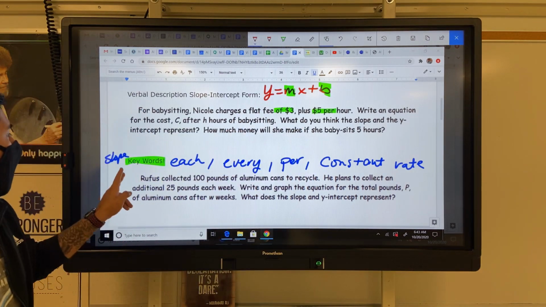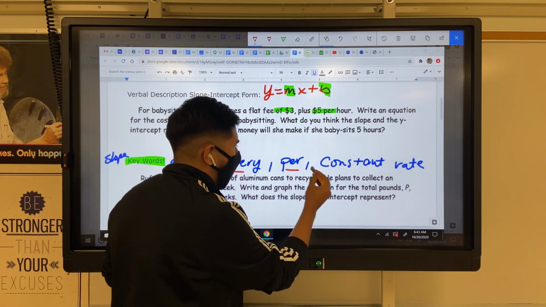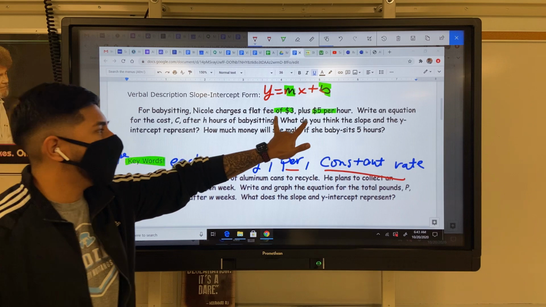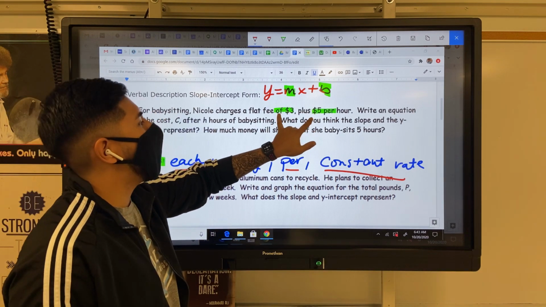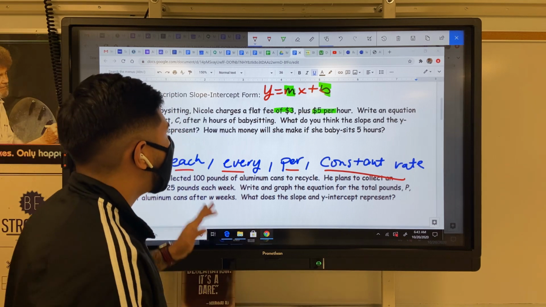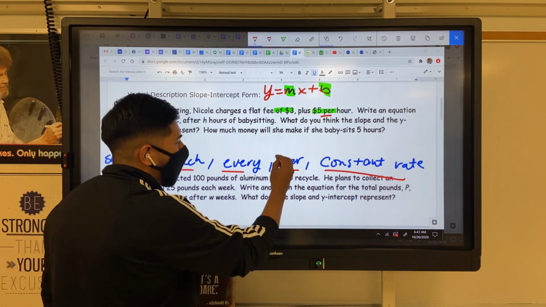Now, slope, the keywords are each, every, per, and constant rate. So out of these two money values, which one would you consider your slope? Now, I can see a keyword right there. Boom, per.